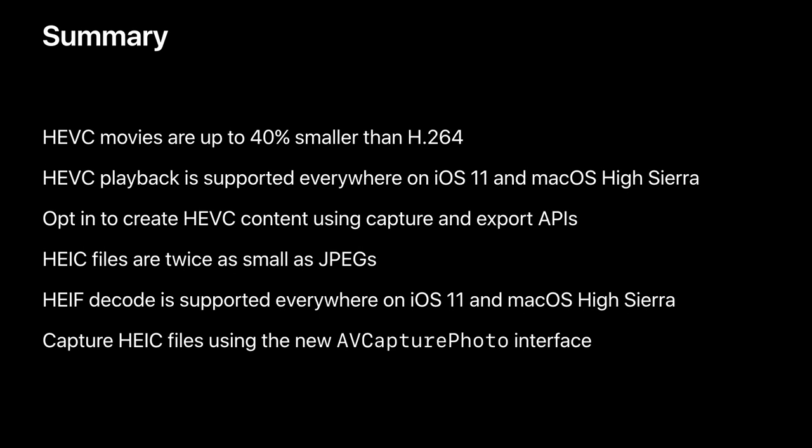And to create HEVC content, you need to opt in to new capture APIs or export APIs. Also, we learned about HEIC files, that they are twice as small as JPEGs, and that decode is supported everywhere on iOS 11 and macOS, where capture is supported on iOS only, and where we have an A10 chip, and you do that using the new AV Capture Photo interface.